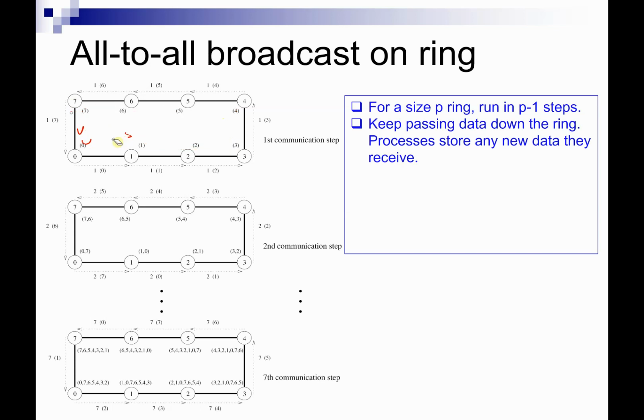So the way this algorithm is going to work is that we're going to have all of the processes pass their messages around the ring. And it turns out that all of them can do this passing process simultaneously, in parallel. The reason is that when 0 wants to pass its message around the ring, it's first going to send to 1.